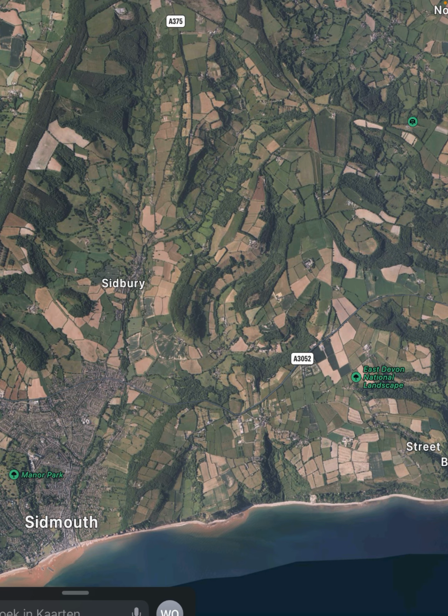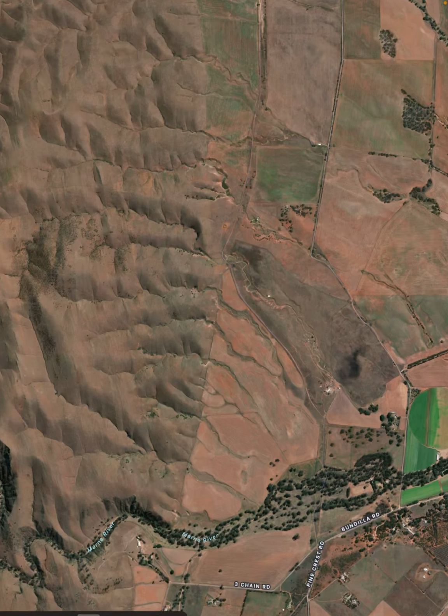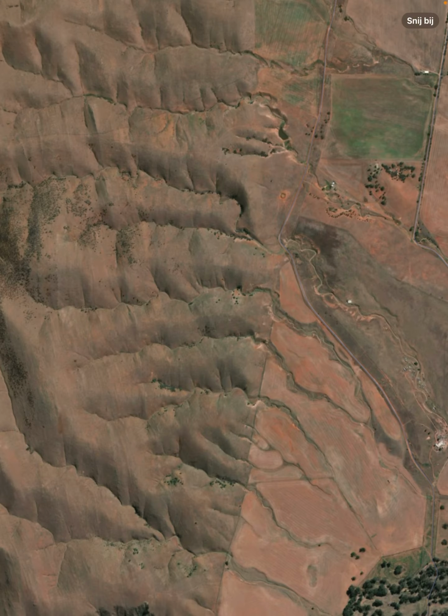So here again in Australia, erosion marks. Clearly not made by a river. So here on the left side you can see this hilly environment, and then you can see all these canyons where water used to flow off these hills into this lower area.